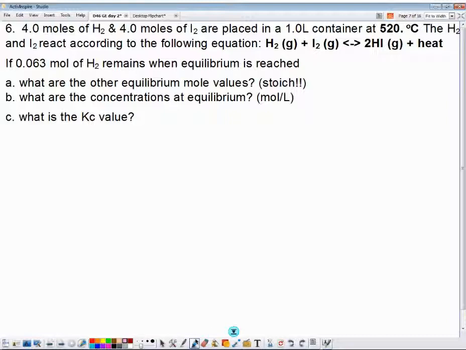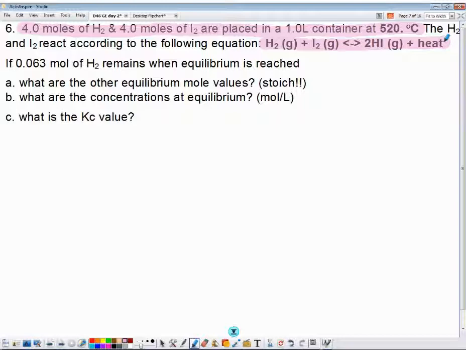I'm going to grab the highlighter, and it says to me this. 4 moles of hydrogen and 4 moles of iodine are placed in a 1-liter container at 520 degrees Celsius.